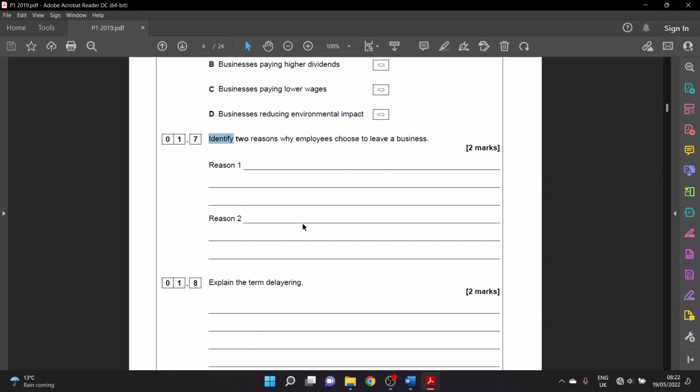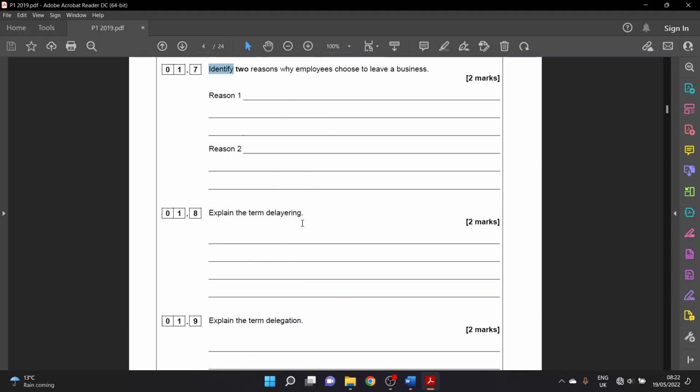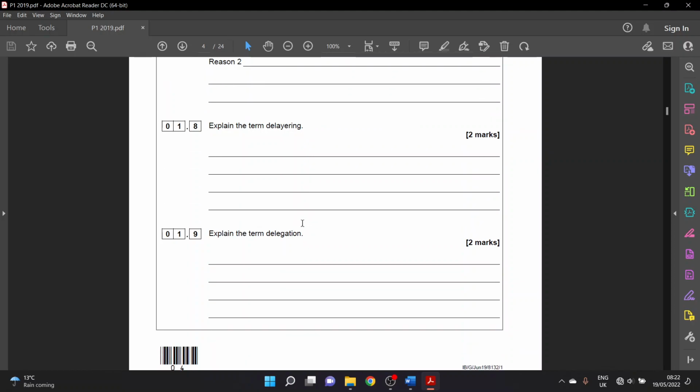You could potentially answer a 2-mark identify question with 2 words. State 2 methods of financial motivation: bonus, commission. Move on. So just try and save a bit of time on those identify questions whilst making sure you're getting the marks.